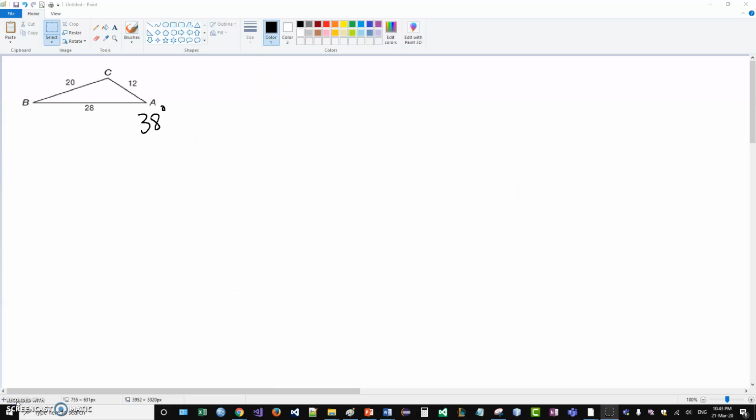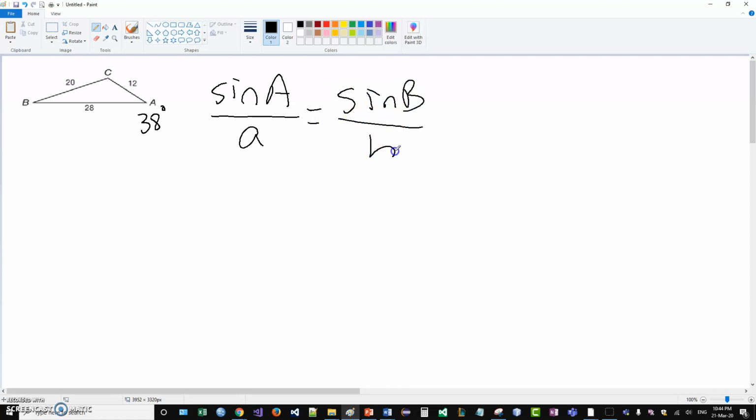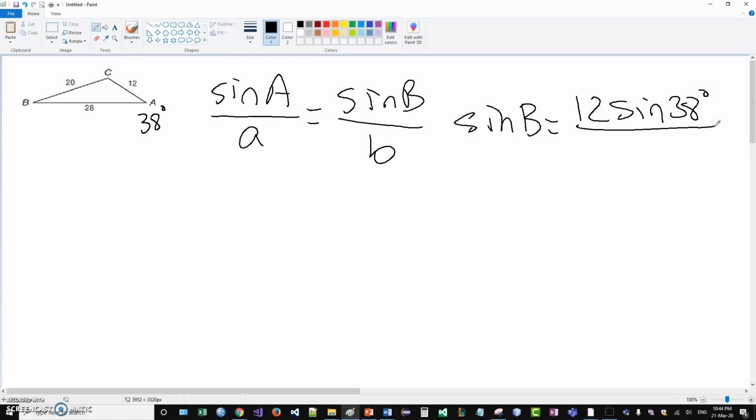Now that we know angle A, we can use the law of sines. So we can say sine A over a equals sine B over b, or sine B equals 12, which is b, times sine 38, which we found previously, divided by 20.